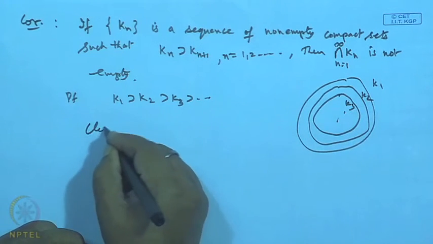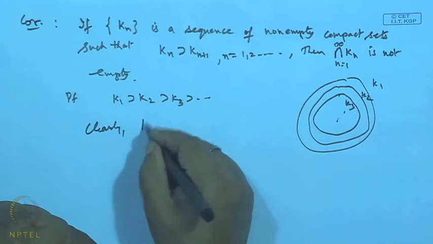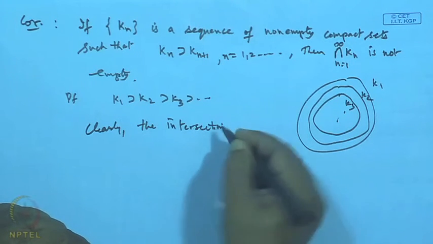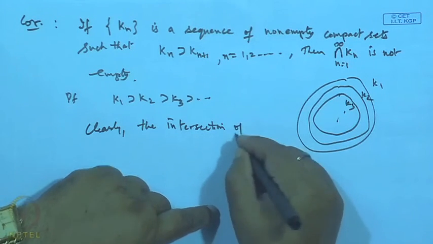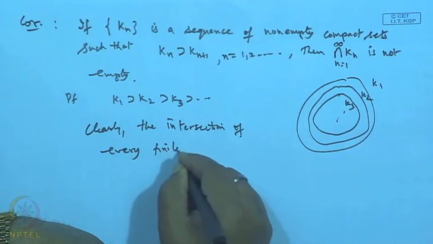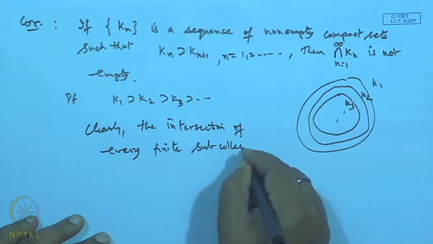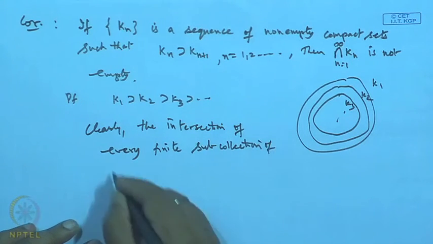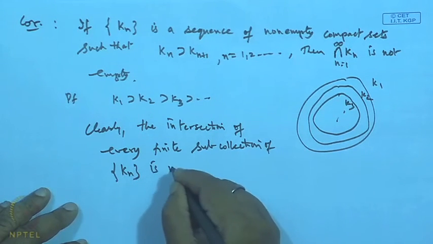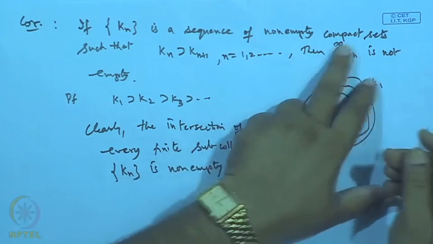So clearly the intersection of every finite subcollection of Kns is non-empty, and Kns are a sequence of compact sets.